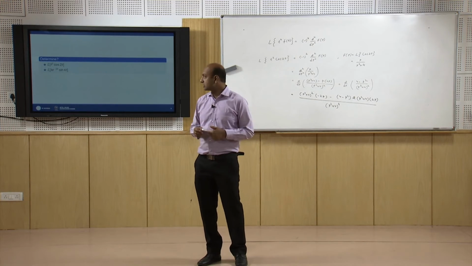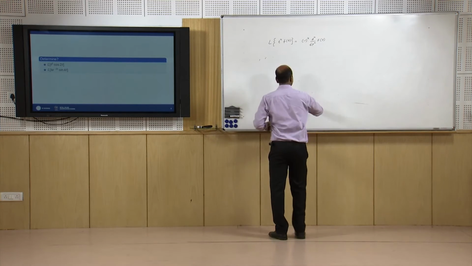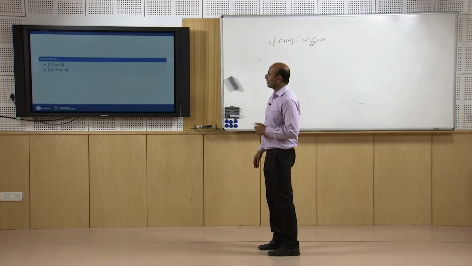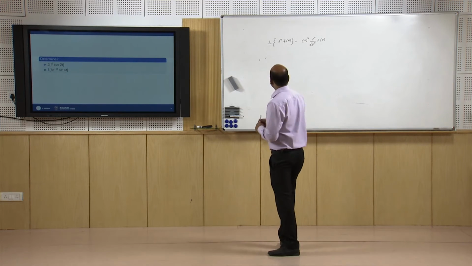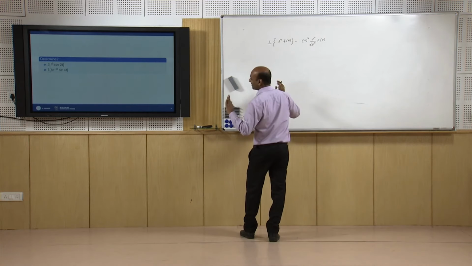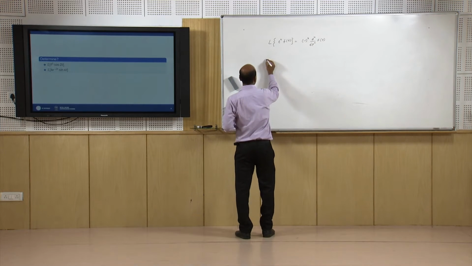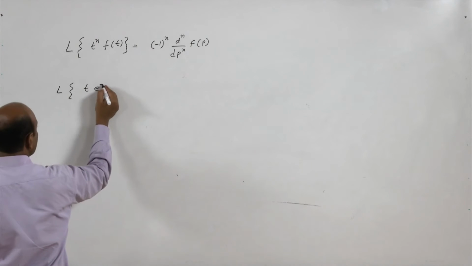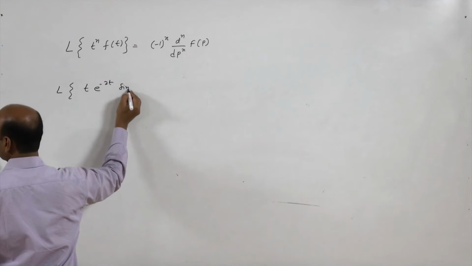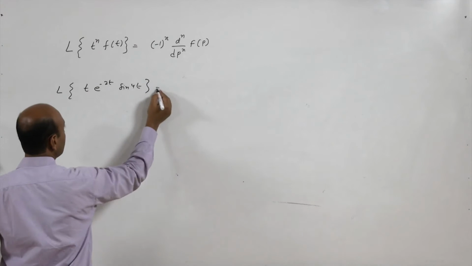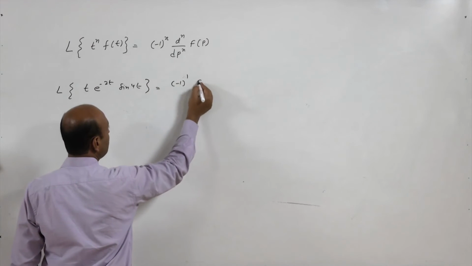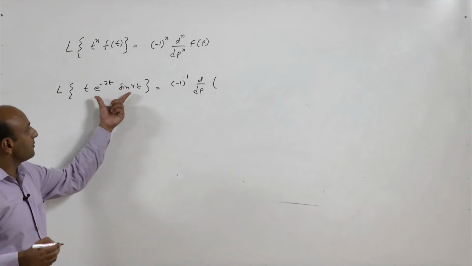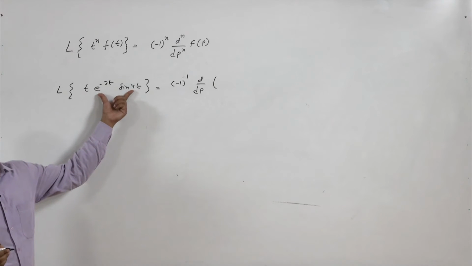Now, let us try to solve the second problem in which we have to find the Laplace transform of t e to the power minus 2 t sin 4 t. So, here we have only t, that is a 1 power of t. So, we have to differentiate only one time. So, that is the Laplace transform of t e to the power minus 2 t sin 4 t. This will be nothing but minus 1 to the power 1 d by dp of the Laplace transform of this expression, this is f t.